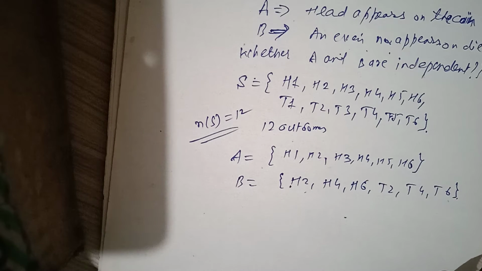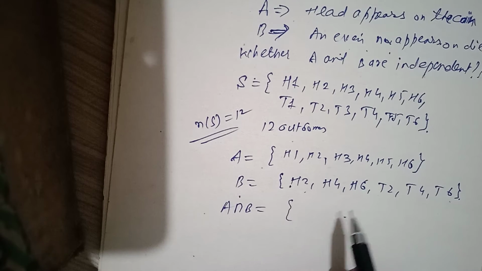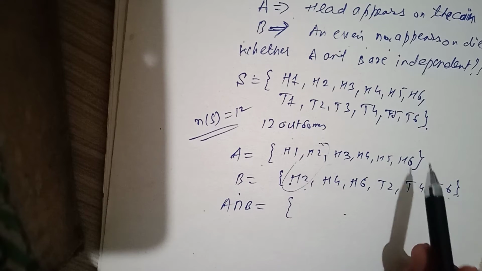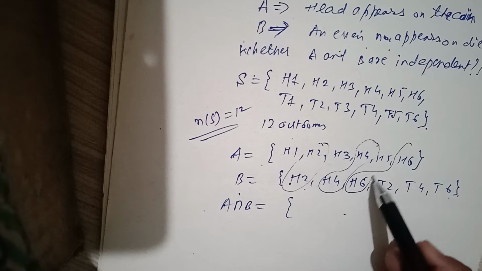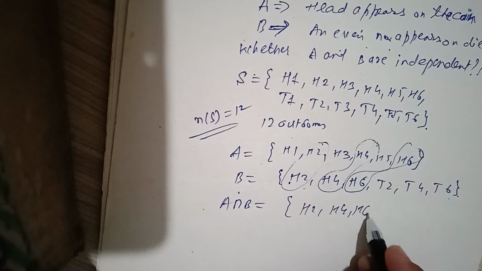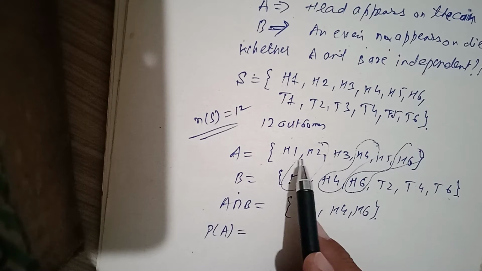Now calculate A intersection B. Clearly H2, H4 and H6.